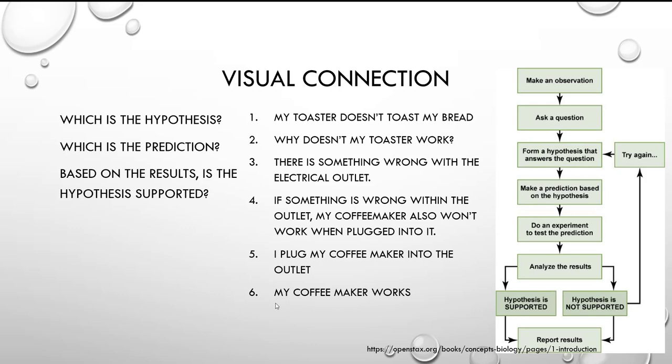So the hypothesis was not supported, which means that they have to try again. It wasn't the electrical outlet, it must have been the toaster. It was the toaster's fault, it wasn't the outlet's fault. So this gives you an idea of how the scientific method works in practice.